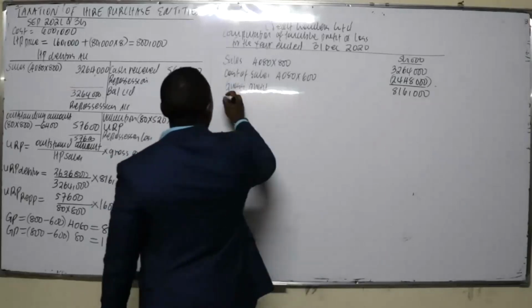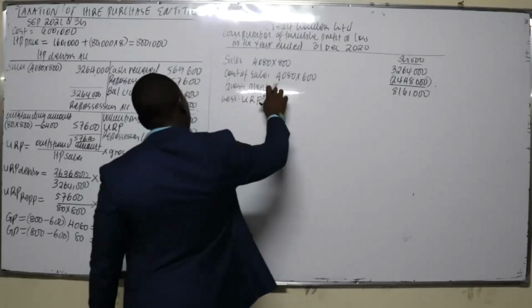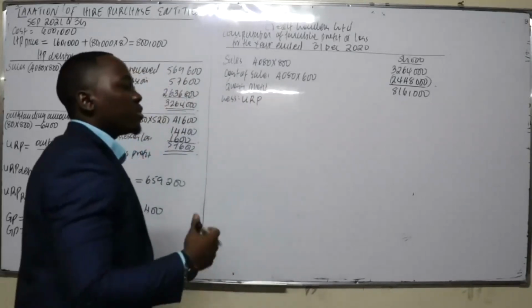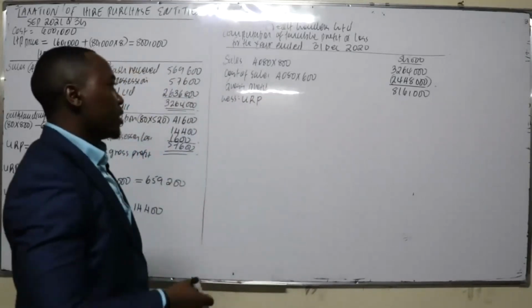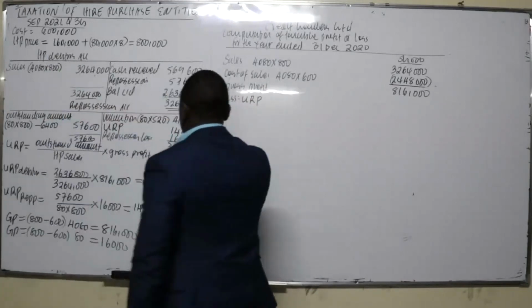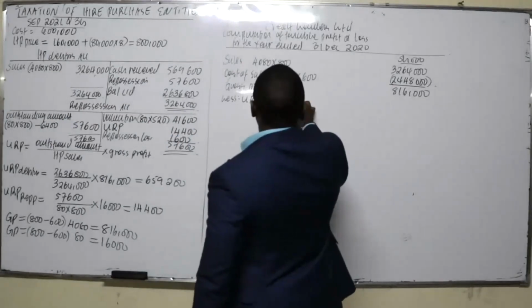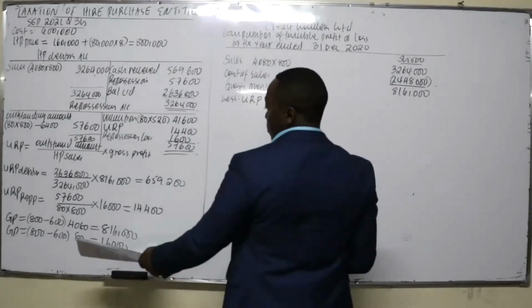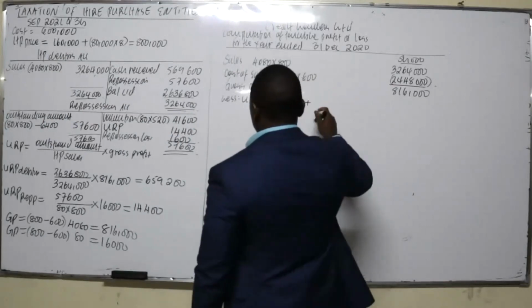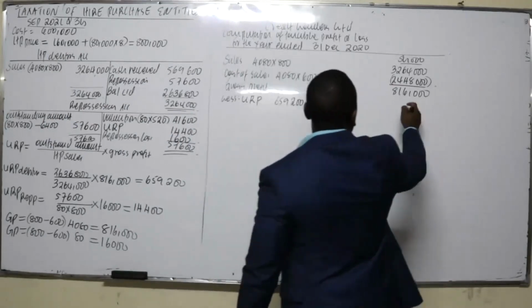Then you raise unrealized profit. Now you see in this gross profit, there is profit which is not yet realized. So you eliminate it, it will not be allowed for tax purposes. For unrealized profit, number 1 we had on hire purchase an amount of 659,200. Also we had on repossession an amount of 14,400. What do you get?